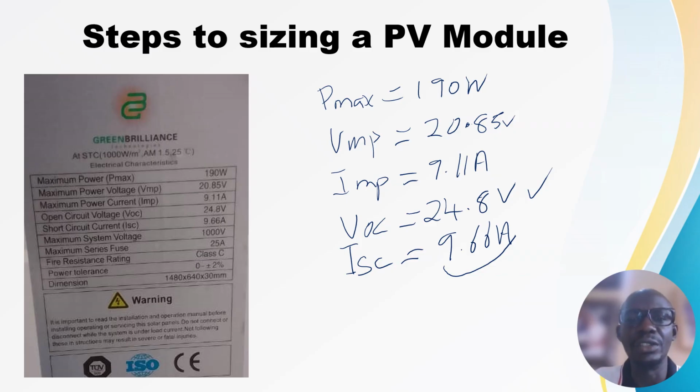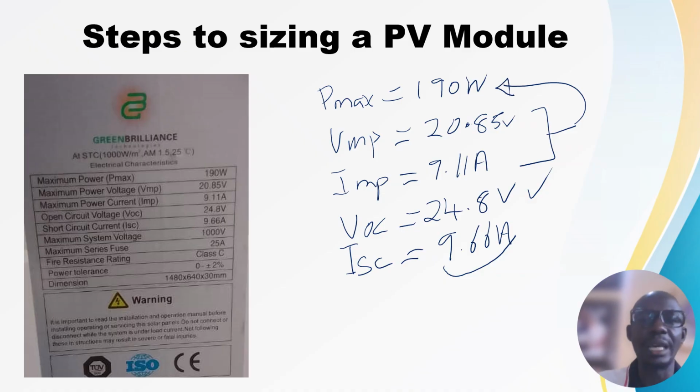And that is for a short duration, because if you connect it for a longer duration, it might damage the panel. Do you understand? So that's just the basic explanation. And if you multiply the voltage at maximum power and the current at maximum power together, it should give you approximately 190.